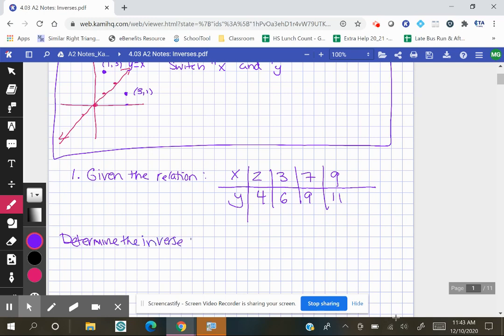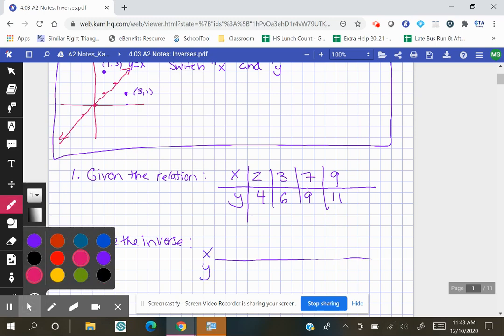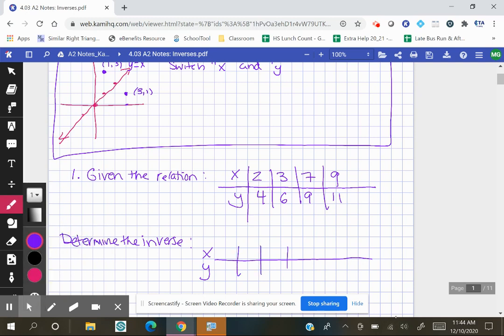So when we look at the inverse, we're going to give it back again as a table, but we're going to take all of our values and switch them. So you could do it by point or by each row. So if we look at it by each point, 2, 4 is going to become the point 4, 2.